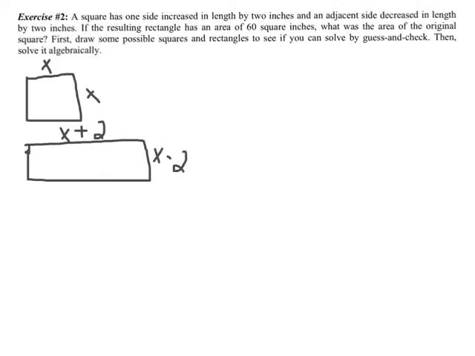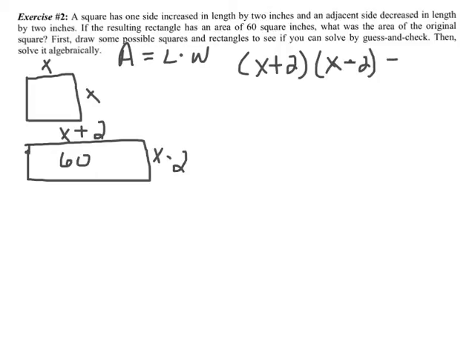It decreases by 2. And the area of that is 60. So hopefully you understand that my area formula is length times width. If we set that up, we have x plus 2 times x minus 2 equals 60.